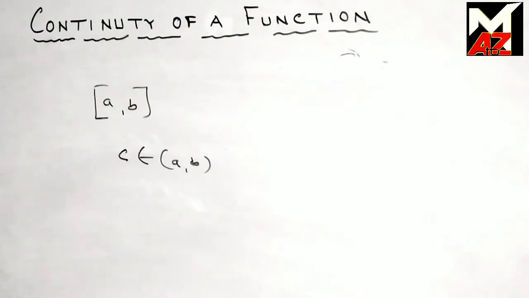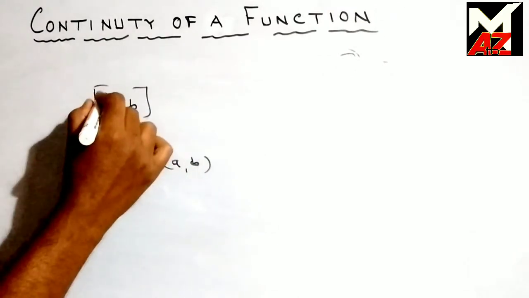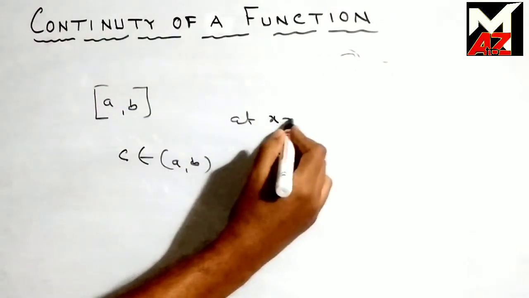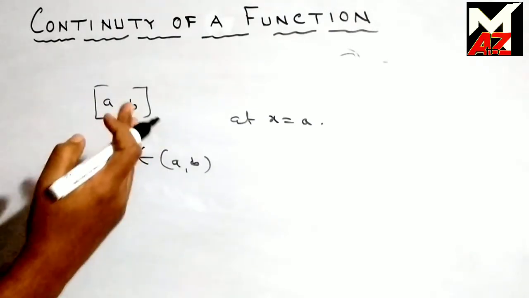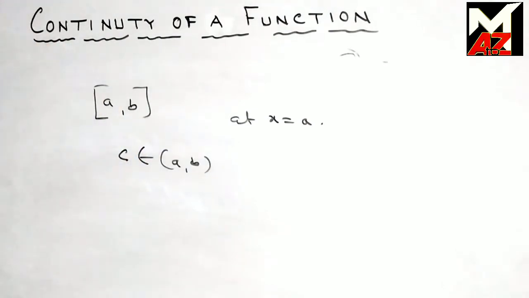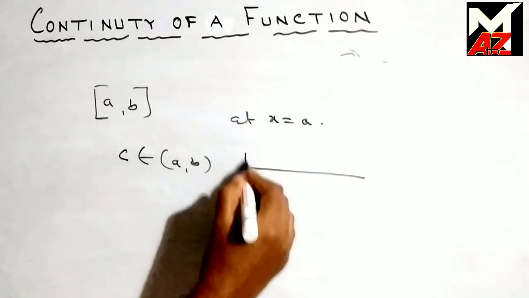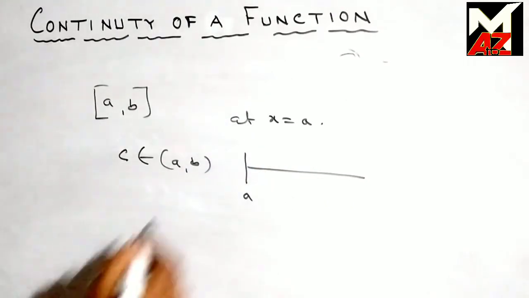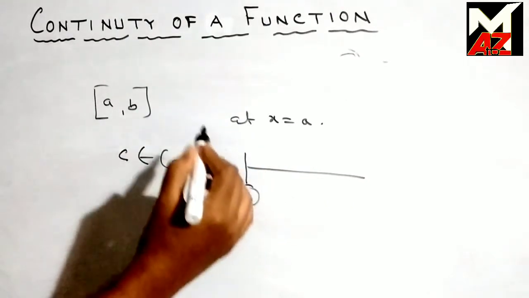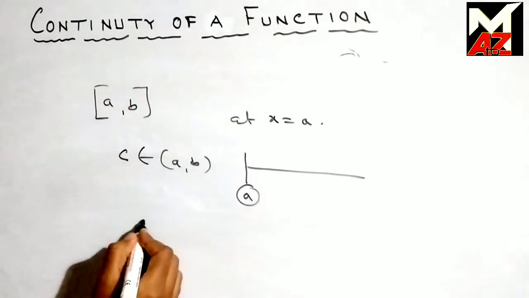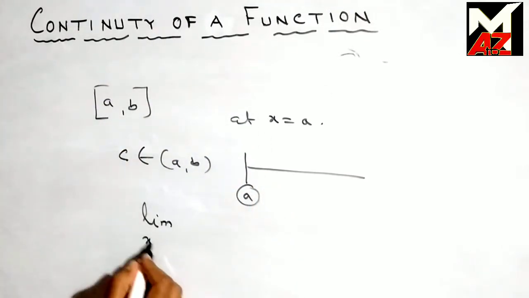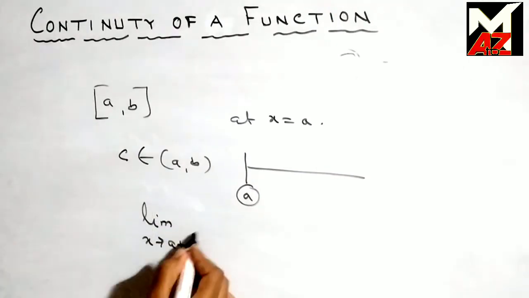At the point x equal to a, the function must be continuous from the right because the interval starts from a, that is, limit x tends to a plus f x equal to f a.